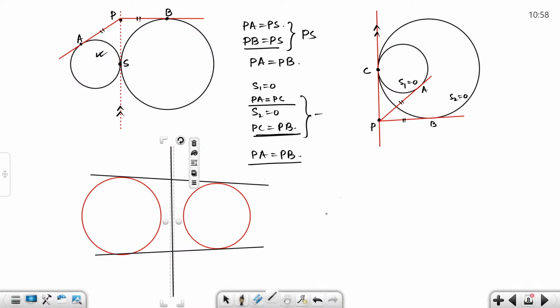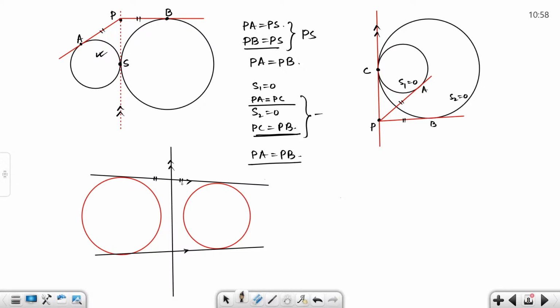Now, what we have to prove is that this radical axis actually bisects these direct common tangents. Is it clear? This radical axis bisects this direct common tangent, that is, this length and this length are the same.